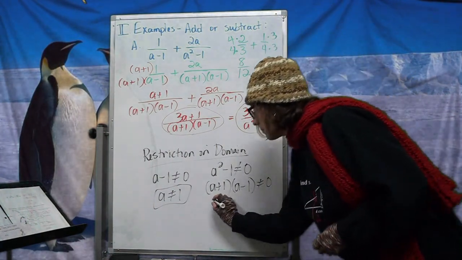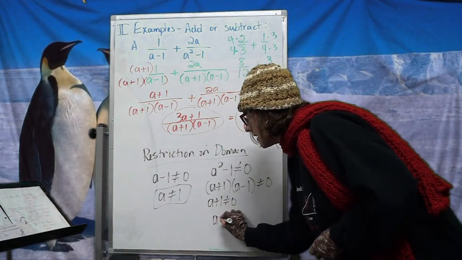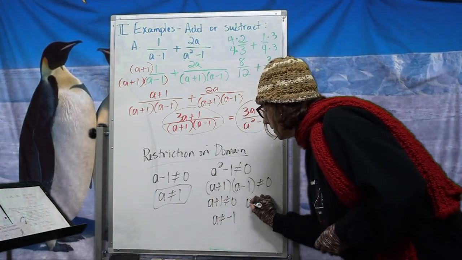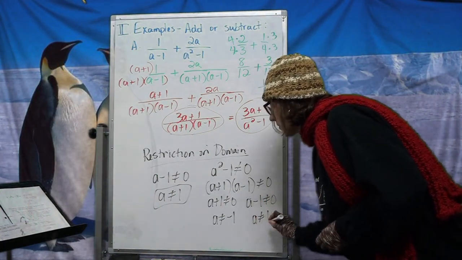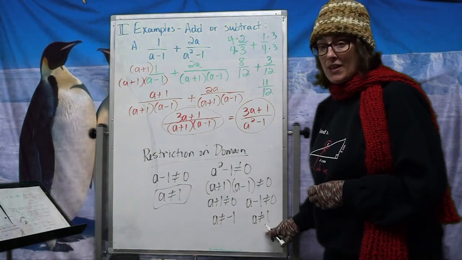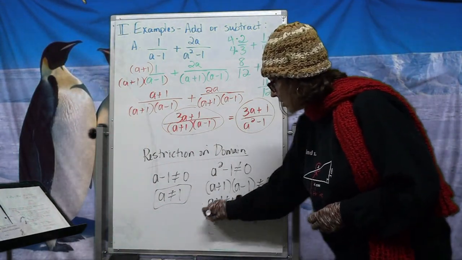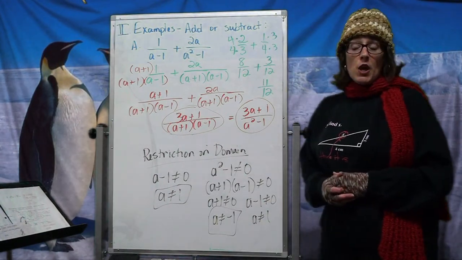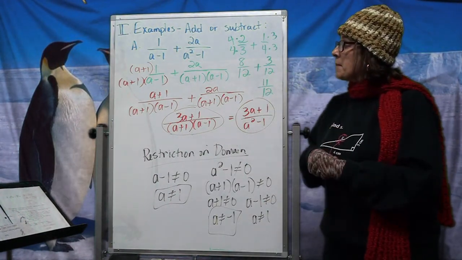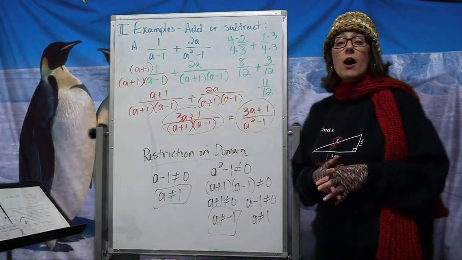Here again, this simply means that either this had better not be the 0, in that case, a had better not be a negative 1, or this had better not be a 0, in which case a had better not be a 1. This is a negative 1, that's a positive 1. The positive one's already been mentioned here, so I don't need to mention it again. I just need that one.